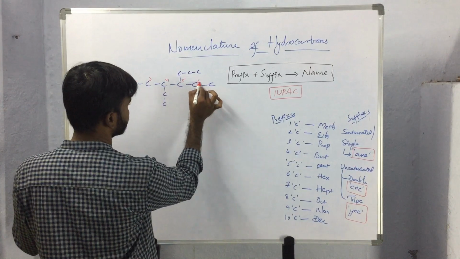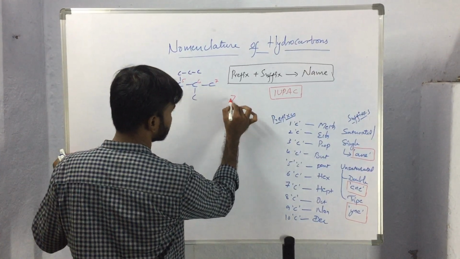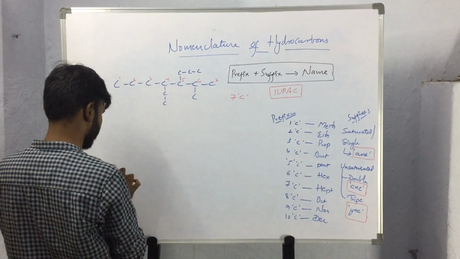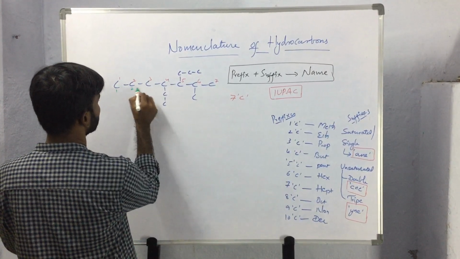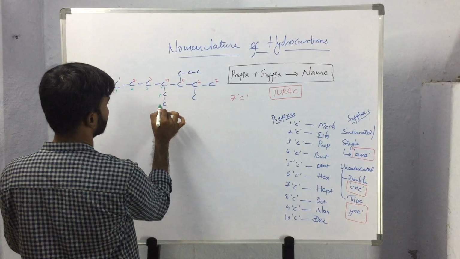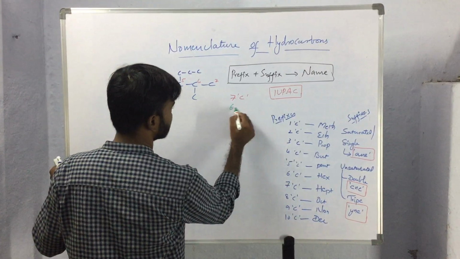So one possibility, 7 carbon atoms. Second possibility, 6 carbon atoms.